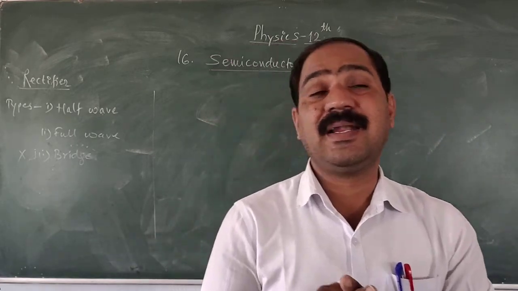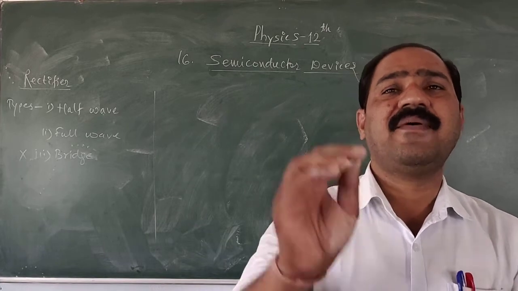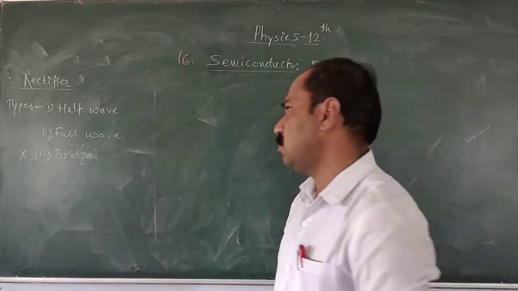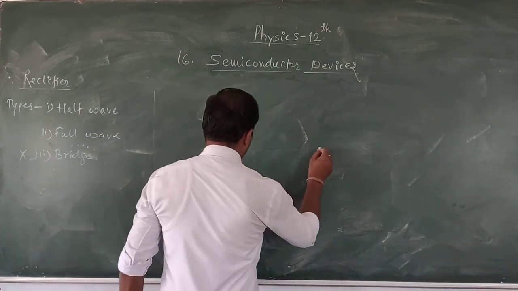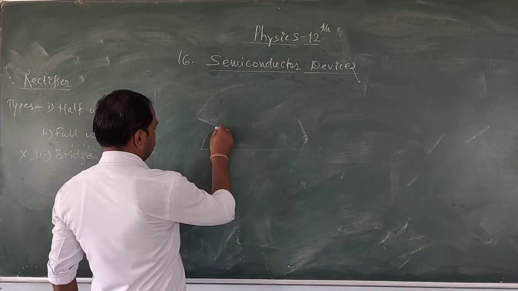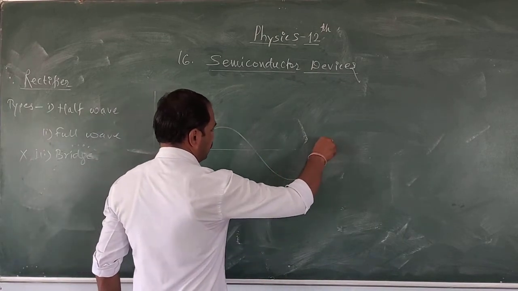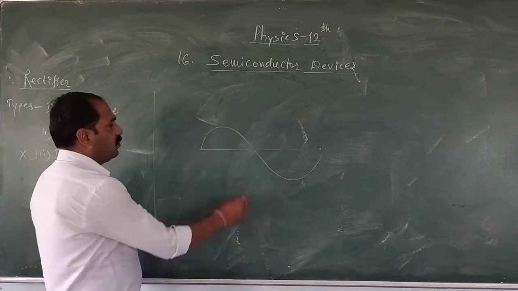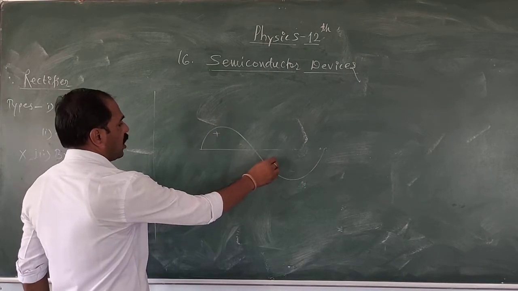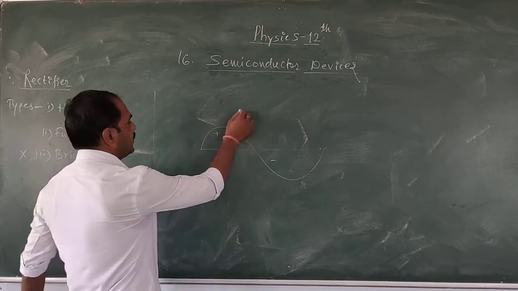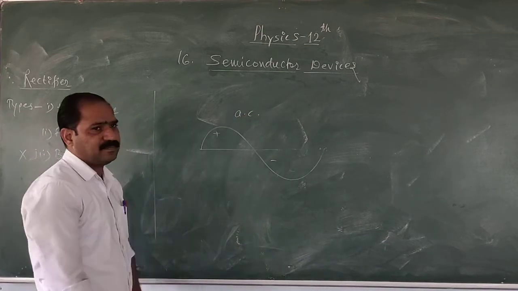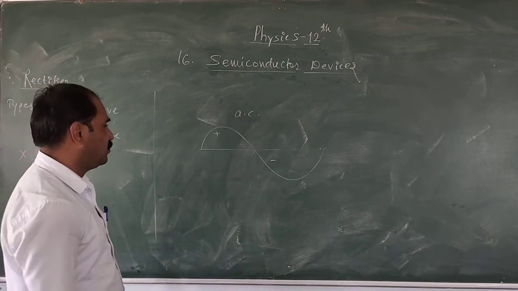AC means alternating current supply, having a sinusoidal waveform. This waveform is of sine form, meaning half of the part is positive and half of the part is negative. This is the AC cycle, the alternating current cycle.